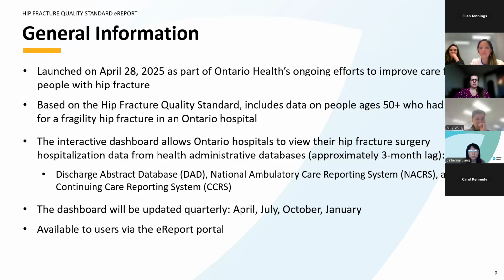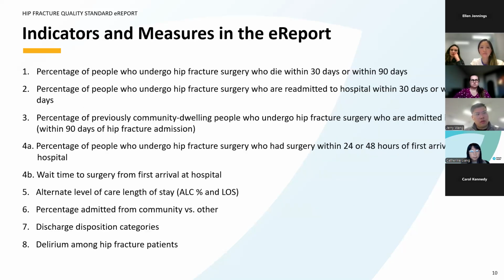And we also use the Continuing Care Reporting System, which has data on facility-based continuing care services. And the dashboard will be updated quarterly, so April, July, October, January. And this is available to users via the eReport portal, which I will talk about after Jerry's demo. Next slide, please.